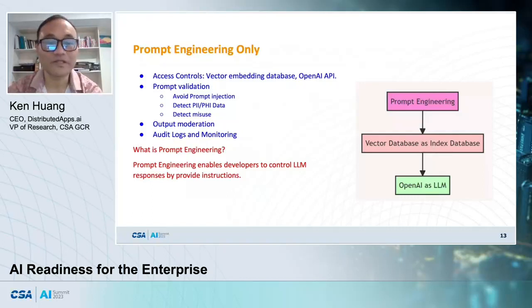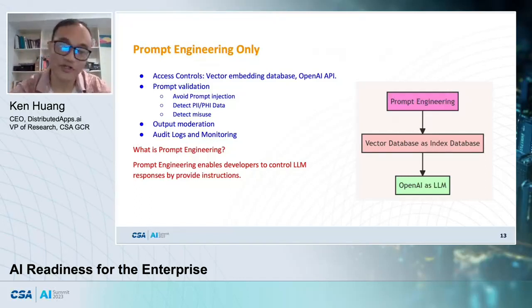So one thing is, I think for now, the majority of AI applications, which are based on large language model applications or tools, use prompt engineering plus a vector database. Prompt engineering is really using the natural language processing power, right, to enable developers to control the LLM response by providing instructions. I'm just speaking from the developer perspective, but if you are a user of ChatGPT, you can also use prompt engineering.